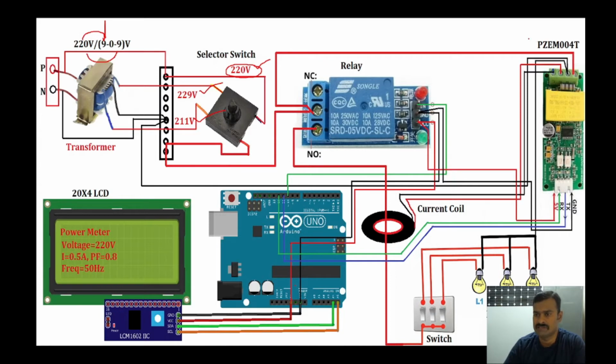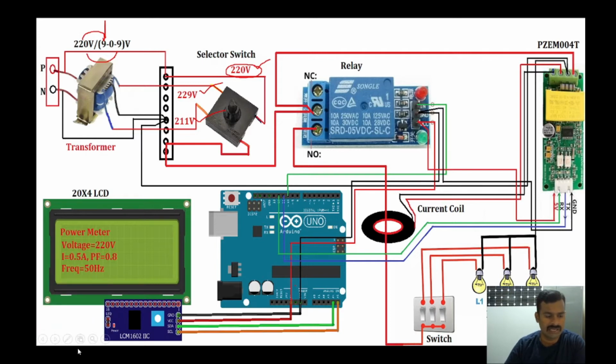The potential will be the same, and the current coil will measure the current which is going to the load. The current coil will measure and it will give through this path. So that means you get a current input and voltage input.